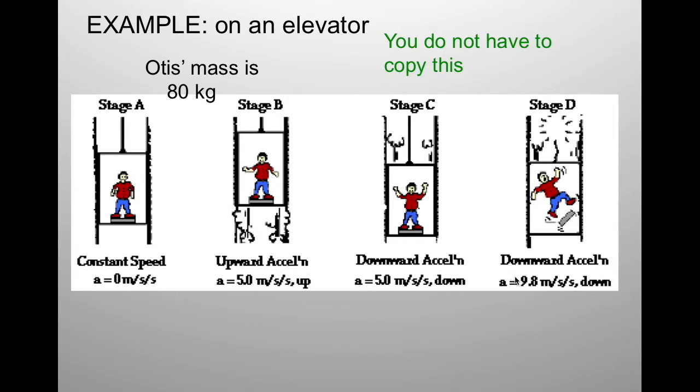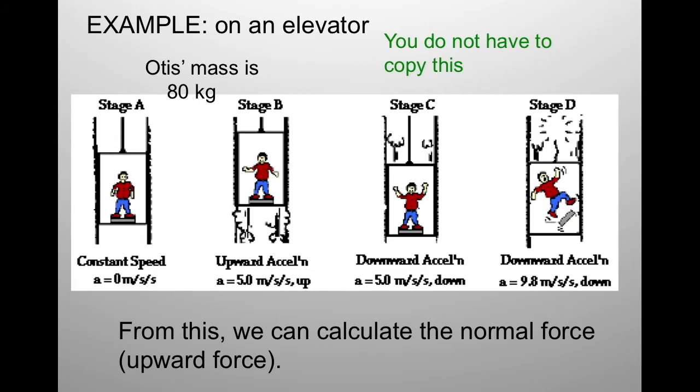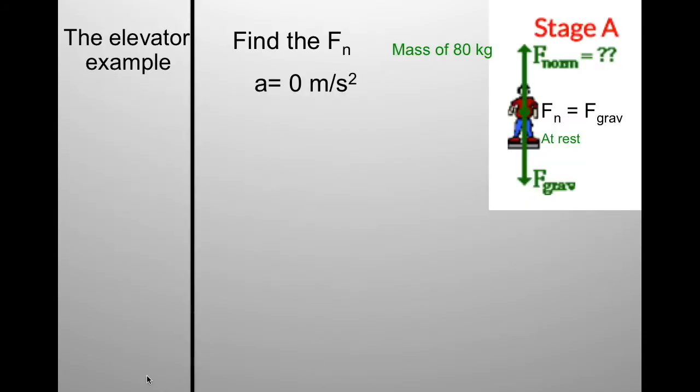And over here, it is accelerating at the rate of gravity, so we have 9.81 meters per second squared down. From this, we can calculate the normal force, which is the upward push on Otis. Given that we find the normal force, we should be able to figure out what he weighs at that moment in time. Let's do the math.